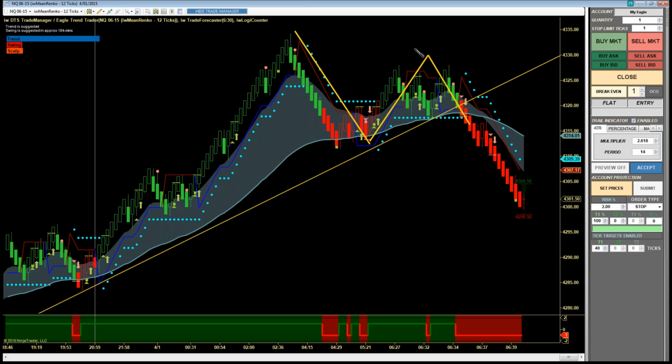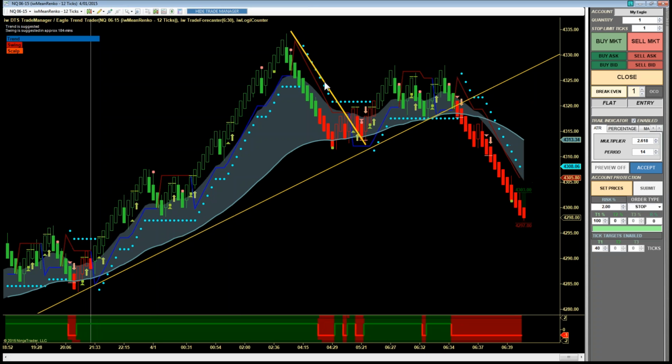When we see that test of the extreme, that gives us the heads up that, hey, wait a minute, maybe the buyers are starting to lose control and the sellers are going to take over. So when we see the signal print, that tells us that all the trade parameters are in place, so we can place our entry. We can go with the suggested stop loss here on the ATR, and you can see that we have just hit our high probability profit target. So a nice little signal there on the Eagle also.